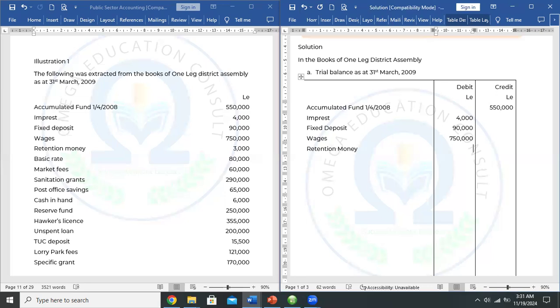So it's a portion of payment withheld from a contractor or supplier until specific conditions are met. I'm sure you can write something down for yourself, Prof.